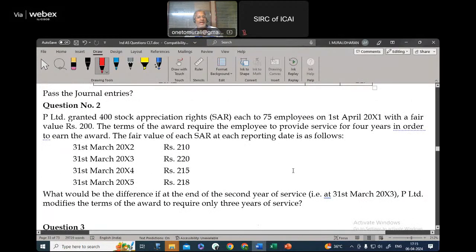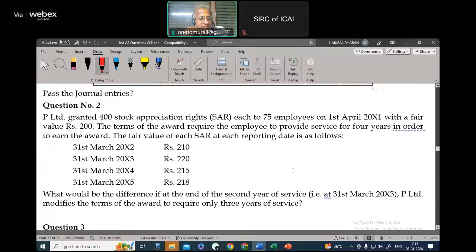So I would like to take up question number 2. P Limited granted 400 stock appreciation rights (SAR) each to 75 employees on 1st of April X1 with a fair value of rupees 200. The terms of the award require the employees to provide services for 4 years in order to earn the award.